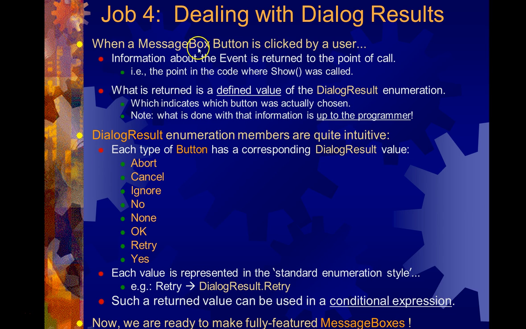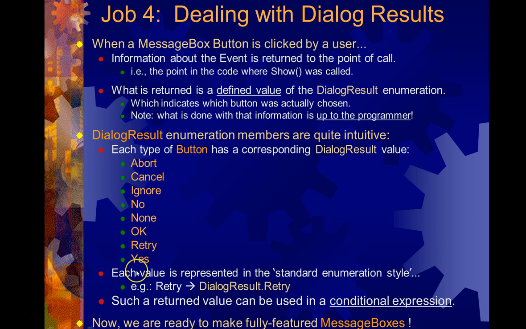So he says when a button is clicked by a user, information about the event, the click event, is returned to the point of call, i.e. the point in the code where the show method was called. What is returned is a defined value of the dialog result enumeration.